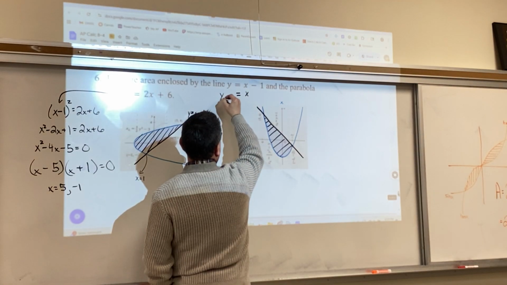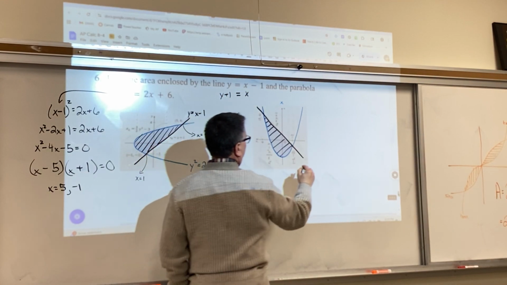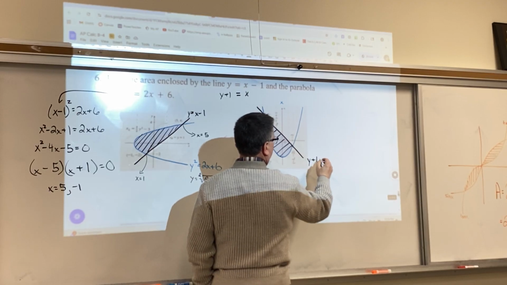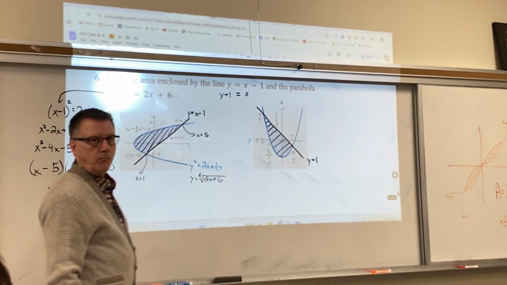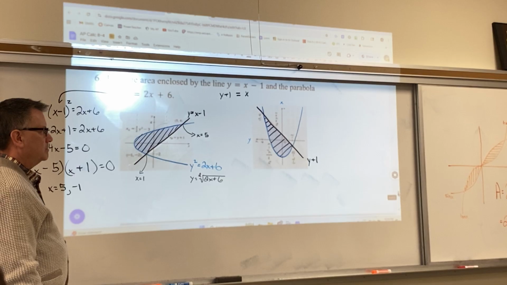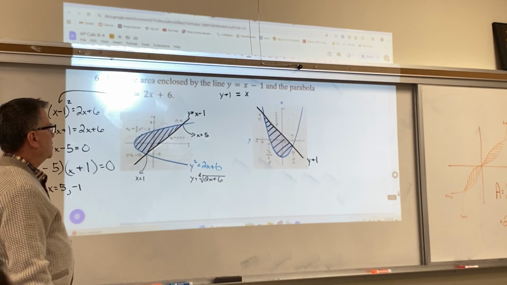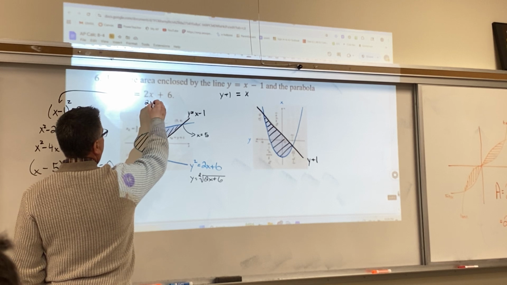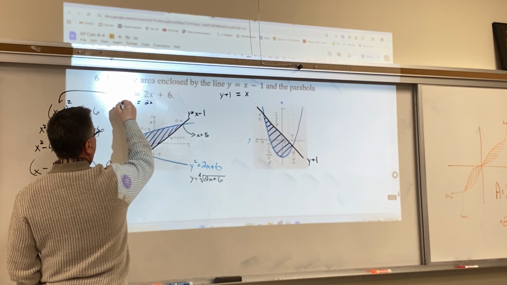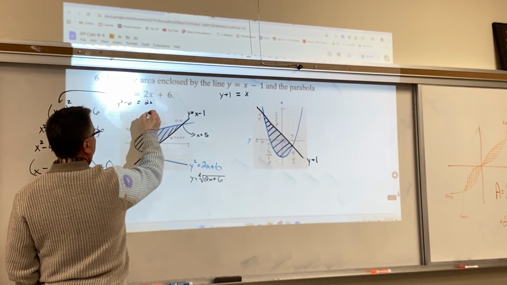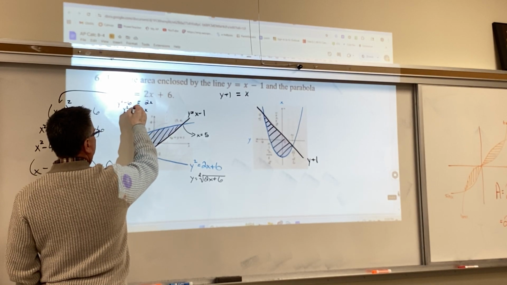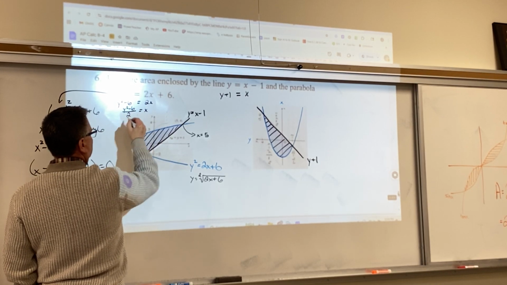X equals y plus 1. And the other one will become, what, 2x equals y squared minus 6. X equals y squared minus 6 over 2.